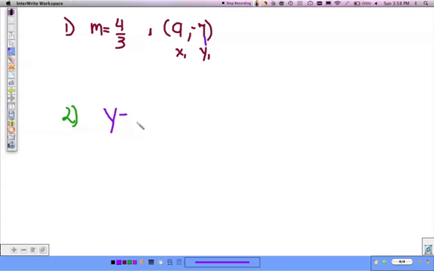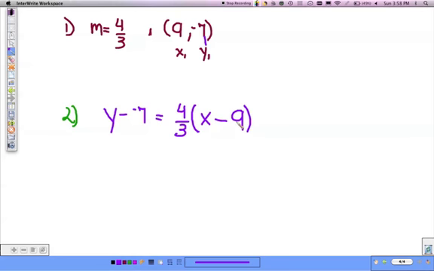So we have y minus a negative 7 is equal to m, which is 4/3 times the quantity x, and this x just stays x, minus x sub 1, and in that case we have 9.